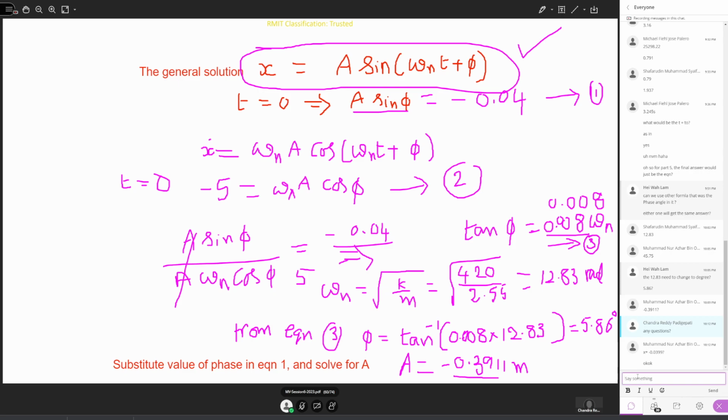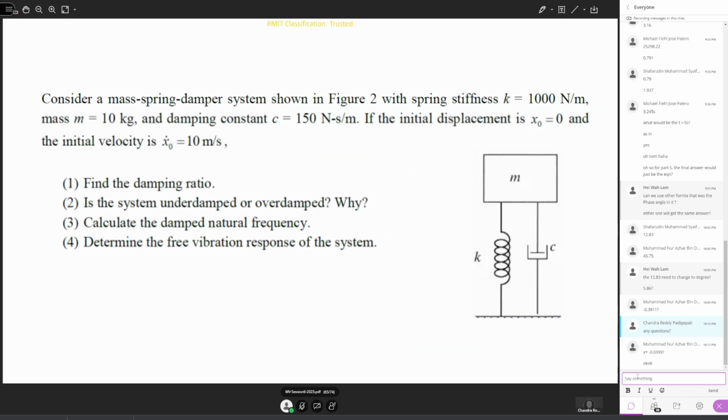Okay, we'll have time to look at one more question. So you may look at this example. This is one of the questions in a past class test. There is a mass and spring system given.